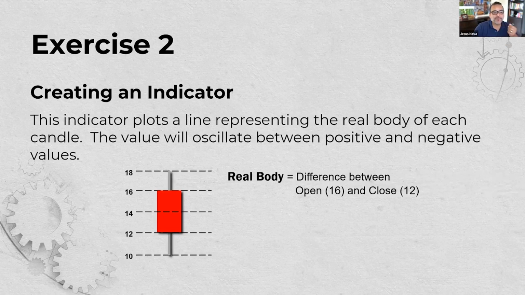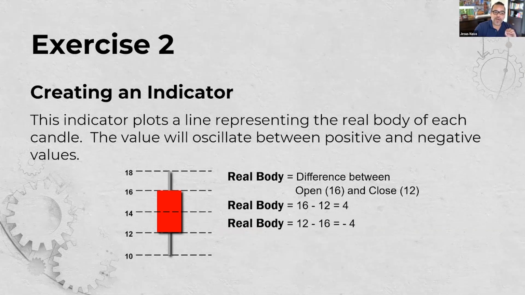So the difference between, in this example, what you see here on the screen, the candle opened at 16 and it closed at 12. That's why it's a down candle, a red candle. And the real body would be the difference between those two values. In this case, it would be 4.